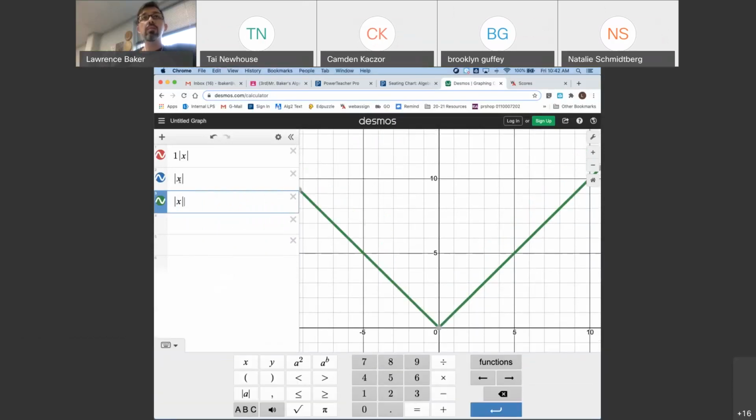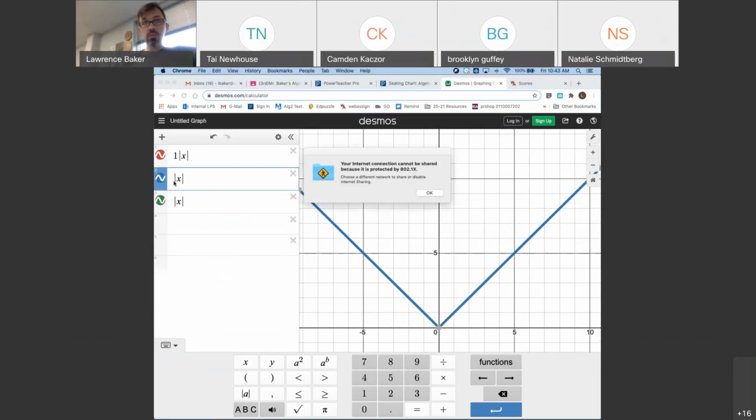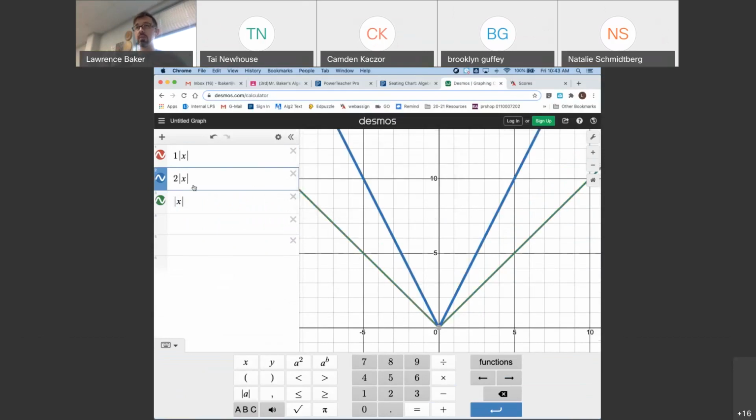All right, so there's our absolute value function, right? There's the vertex at 0, 0. You can see it's heading off to the right at 1/1, heading off to the left at 1/-1. So what happens when we say that's 2 times the absolute value of x? Okay, so we see that the graph, each side gets steeper.